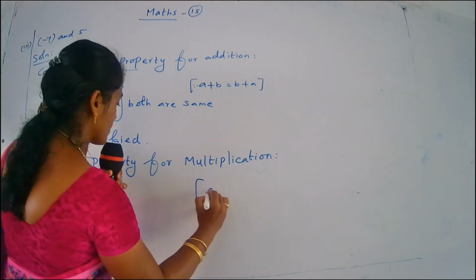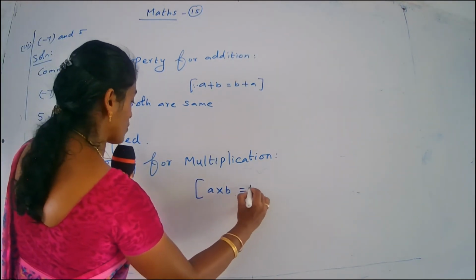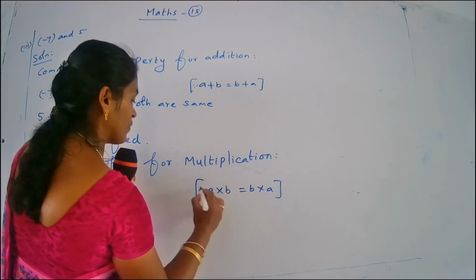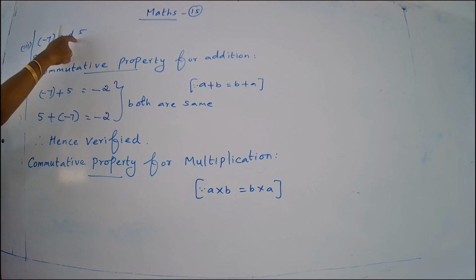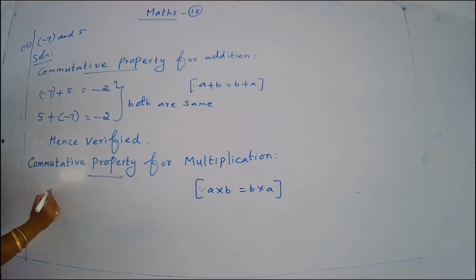So the rule is A multiplied by B is equal to B multiplied by A. Okay children? Here A is equal to minus 7, B is equal to 5. So A into B is equal to minus 7 into 5.